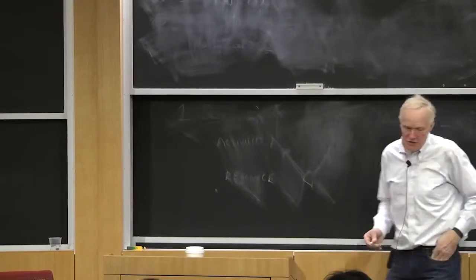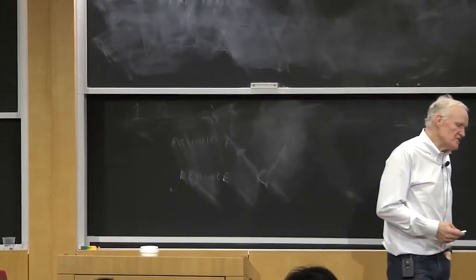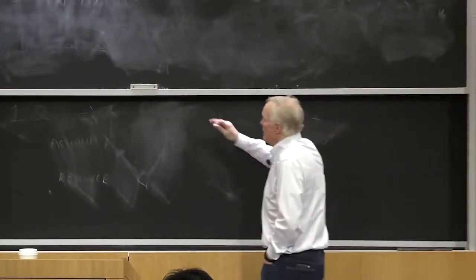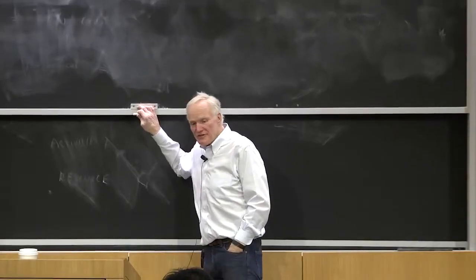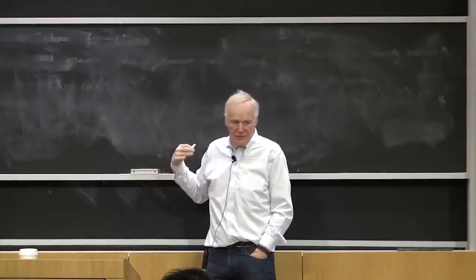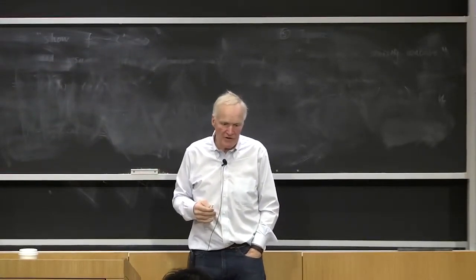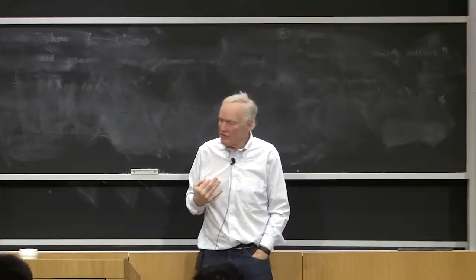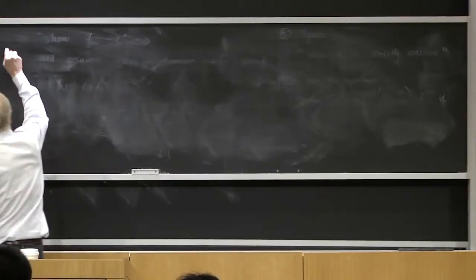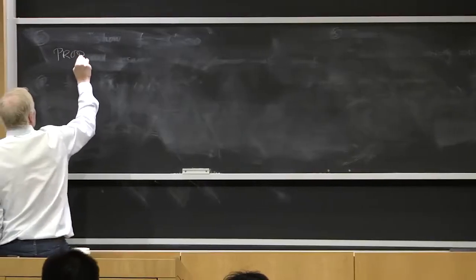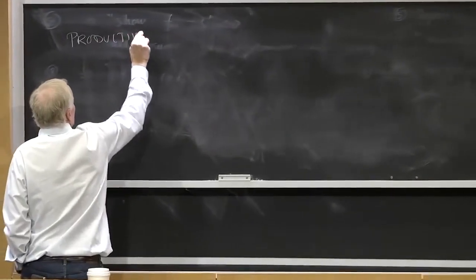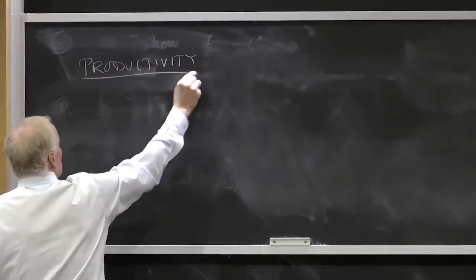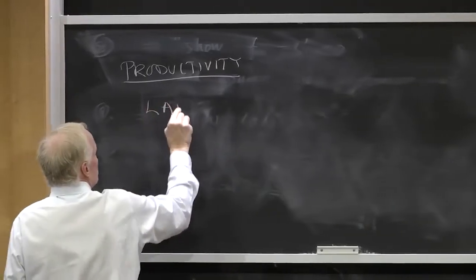Going to talk about technological progress. And I touched on this a little bit last time in the context of the neoclassical growth model. Now, the most common measure of technological progress, even though it's not really a pure measure of technical progress, is to think about productivity. The most common measure of productivity is called labor productivity.